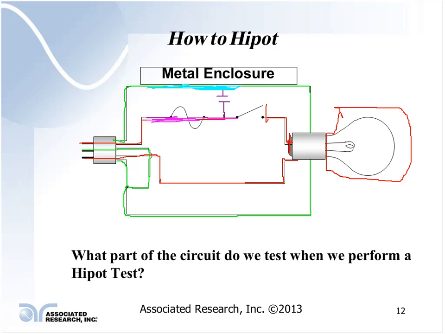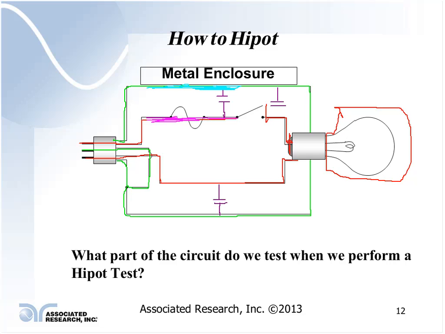Okay, so it's important that I test my product with the voltage applied both to the hot circuit and to my neutral circuit, so I'm making sure that all portions of this are actually being tested.